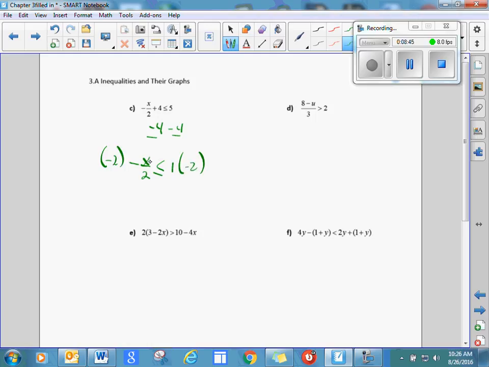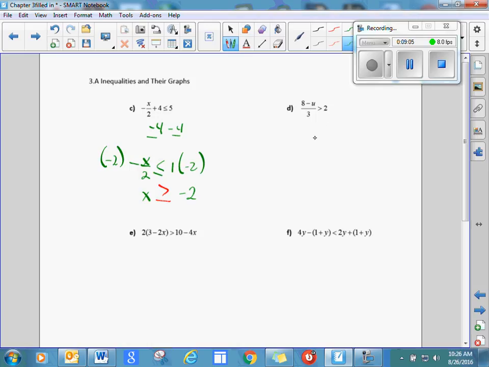That will turn this x positive, which we need him to be, and it will also take care of canceling out the 2 in the denominator. But again, I'm multiplying by a negative. Alert, alert, flip the sign, and now you can go back and fill in your answer. Positive x greater than or equal to -2.